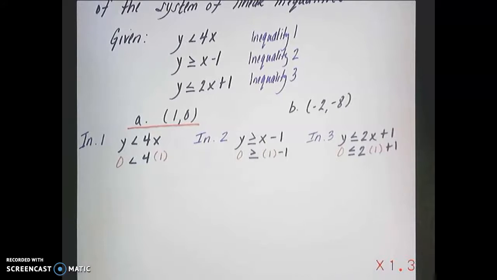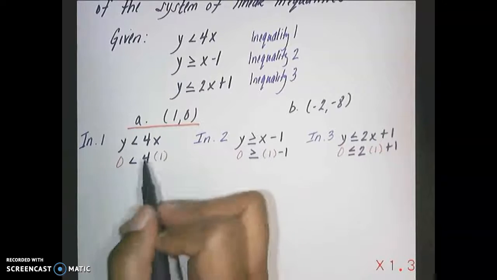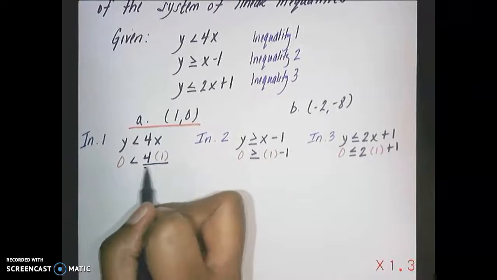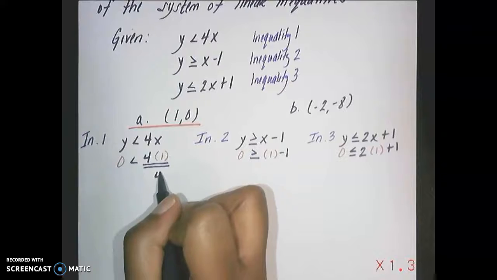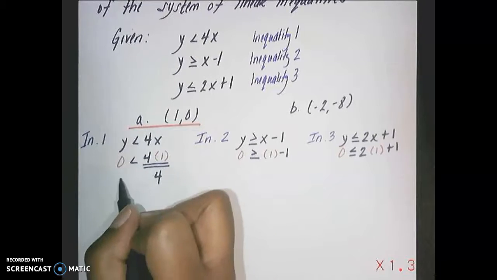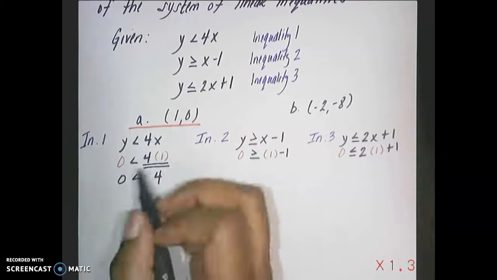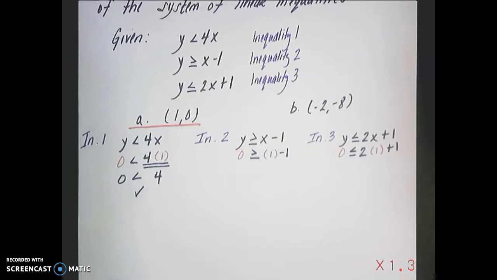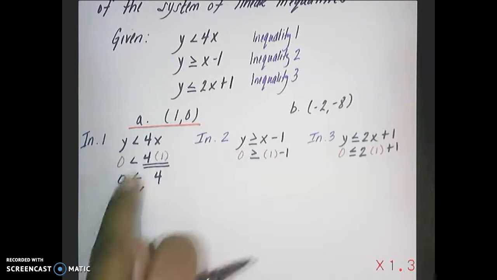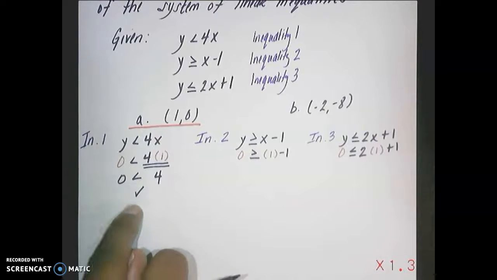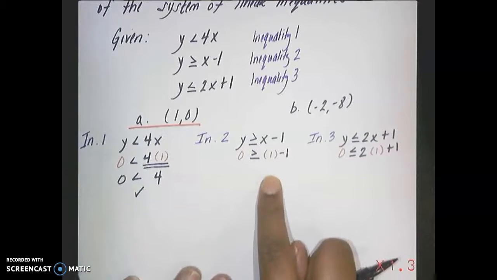So here we go. I'm going to simplify some things, then multiply if I need to. So here we got 4 times 1, and 4 times 1 is 4, and we have to see if 0 is less than 4. So this is true. This works out. 0 is less than 4, so (1, 0) is a solution for this inequality, but we have to see if it works in all three cases.